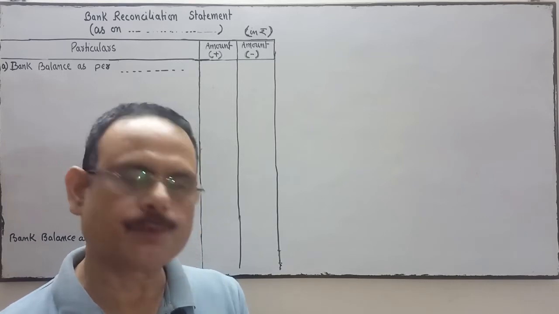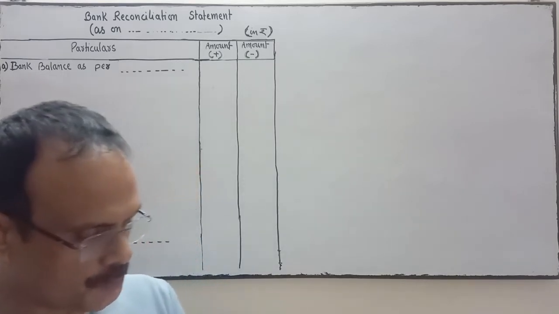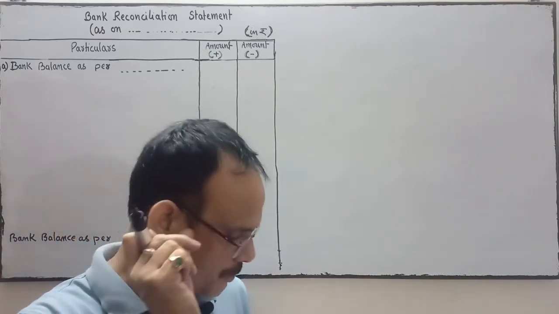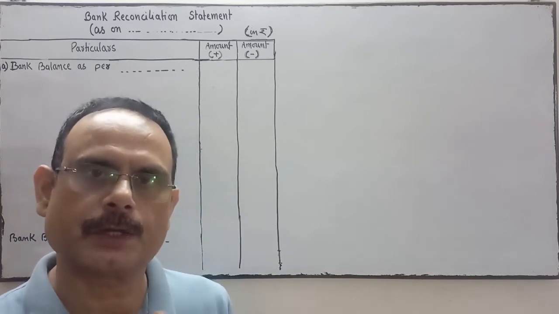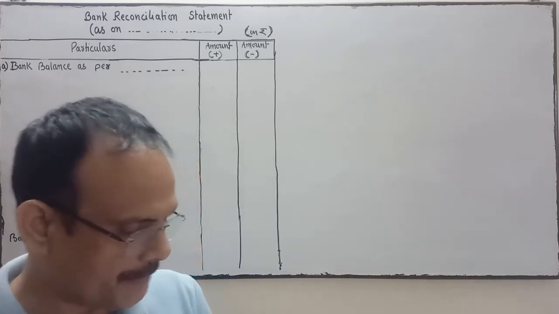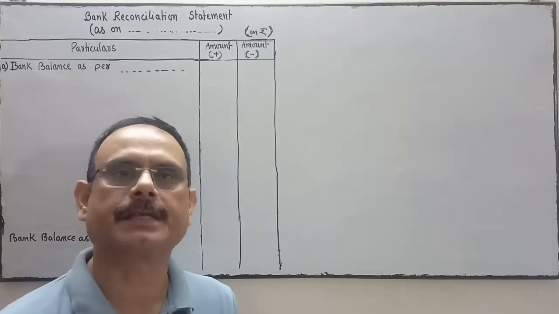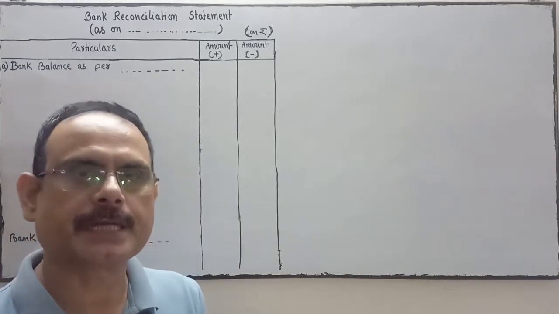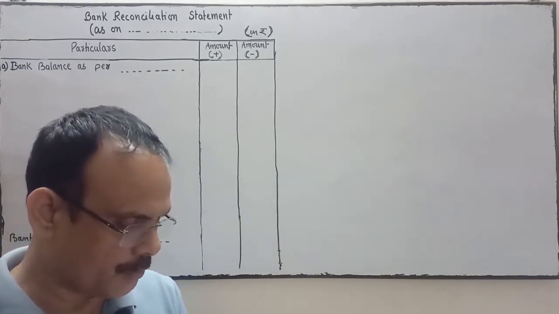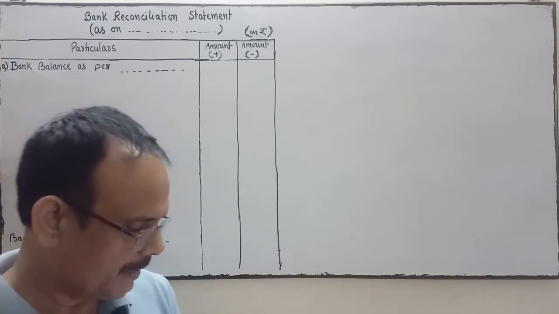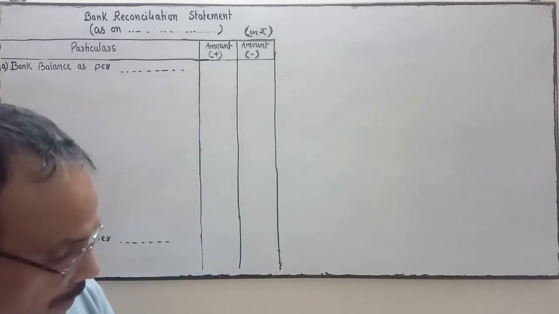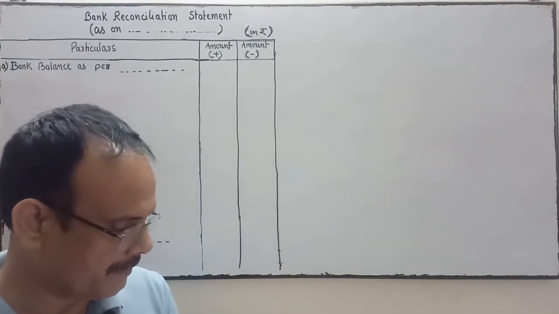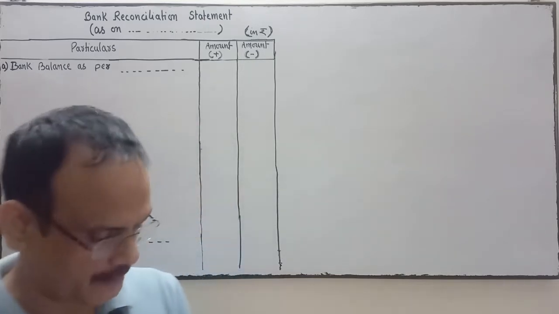On 31st January 2017, cash book showed a bank overdraft of rupees 12,500. On comparing it with the passbook, the following differences were noted. Point number 1: cash and checks amounting to rupees 3,400 were sent to bank on 27th January, but a check worth rupees 230 was credited on 2nd February, and one check of rupees 45 was returned by the bank as dishonored on 4th February.